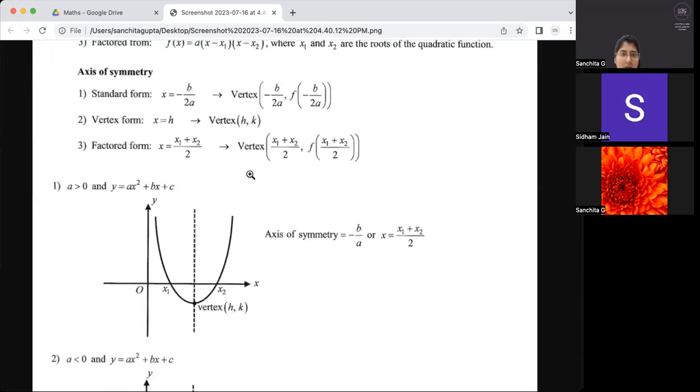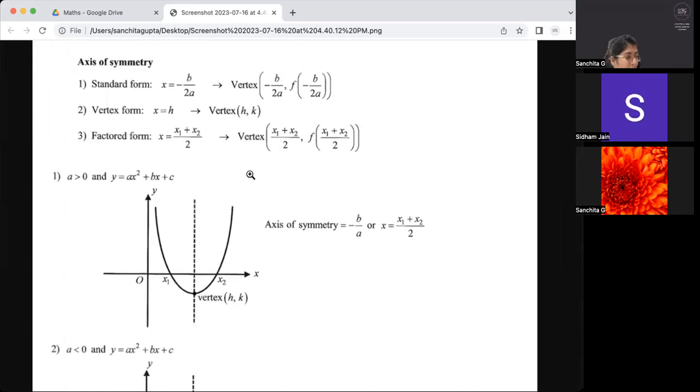This is your parabola, right? So this becomes my axis of symmetry. The axis of symmetry basically divides the parabola into two equal parts, right? It divides both parts into equal halves. Okay, clear, right? Yes, ma'am.